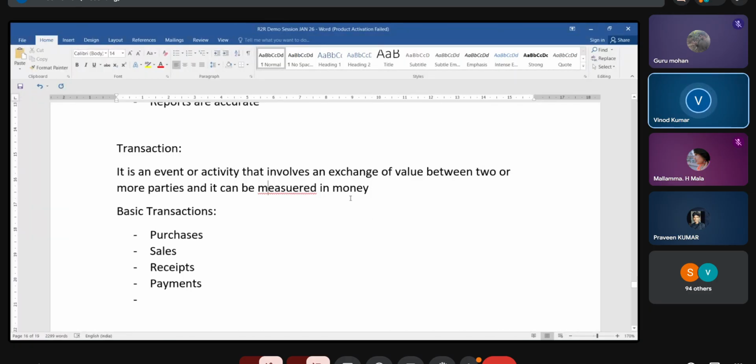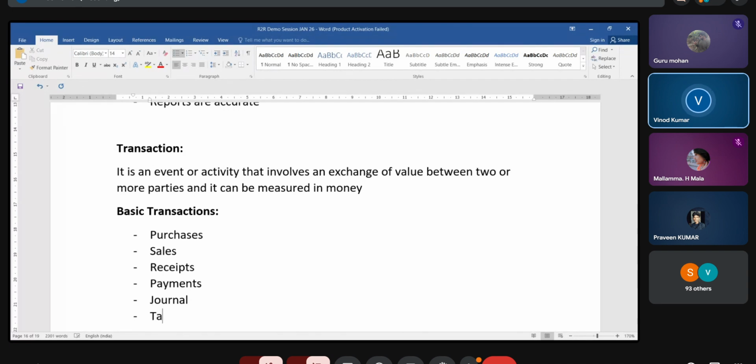Okay, so in day-to-day business, many transactions will happen, and we need to record all those transactions. Under that, purchases, sales, receipts, payments, journals, and taxes, guys.